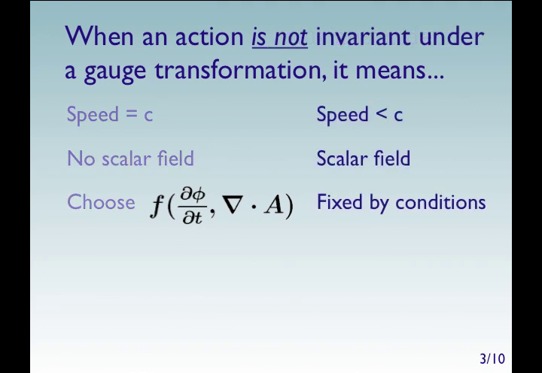So when an action is not invariant under a gauge transformation, it means basically the opposite. That particles are going to be traveling at less than the speed of light c. That there is a scalar field, and that the gauge is somehow determined by the physical conditions.